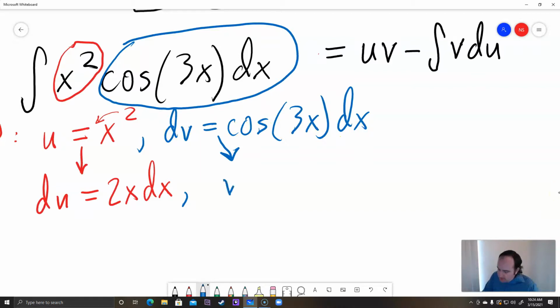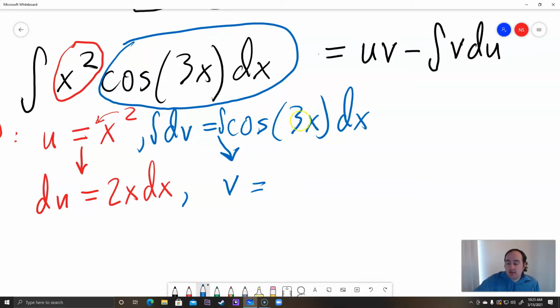So we're going to get v equals, well, the antiderivative of cosine is going to be positive sine because the derivative of sine is positive cosine. Alternately, you can just use the formula sheet. The integral of cosine of u du is going to be sine of u. And if you do a u substitution here, like I said, you end up dividing by whatever the coefficient of the inside function is.